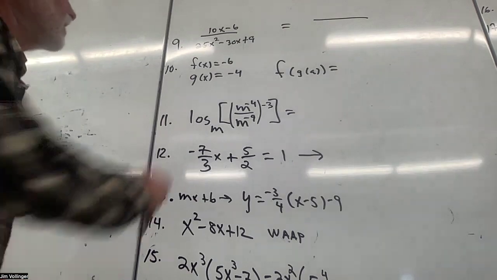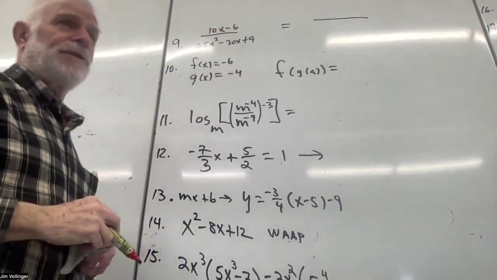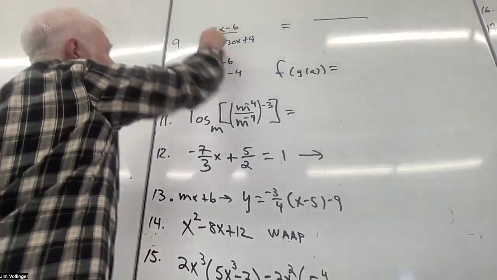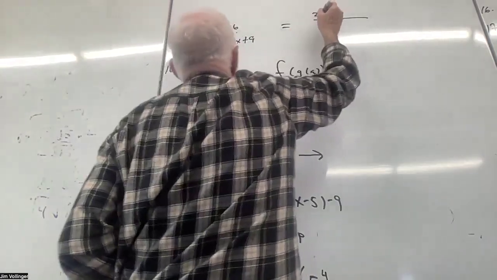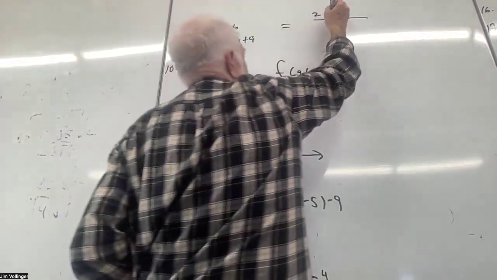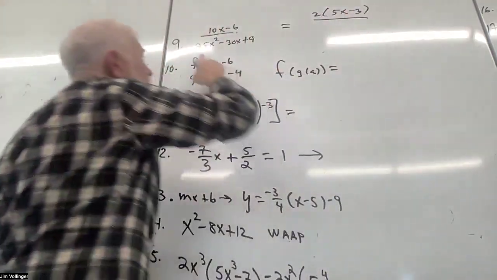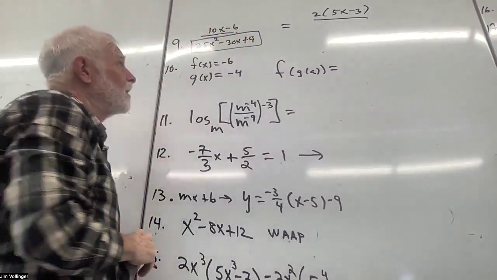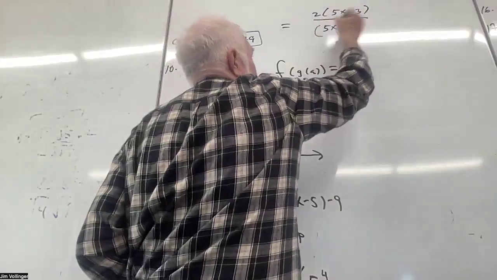Okay, so what do I see here? I see if I'm going to reduce a fraction, division gets reduced by multiplication. So I'm going to write that as a product. And if I do, I see 2 is common, and I can see it was 5x minus 3. And hoping that you can see that that is a binomial square at this stage, which happens to be 5x minus 3 squared.